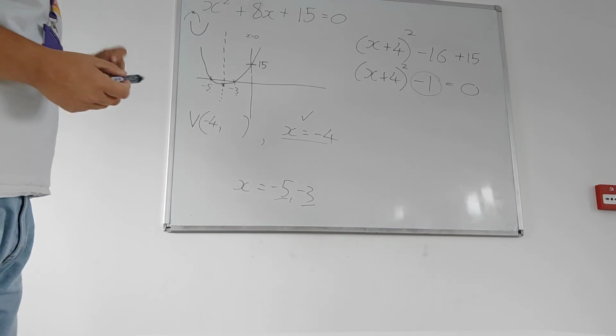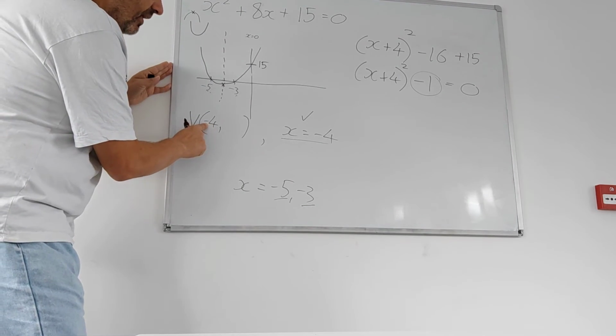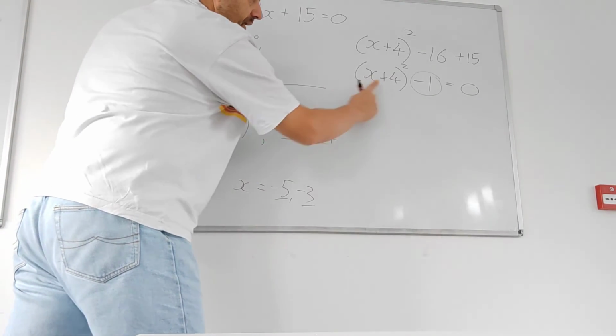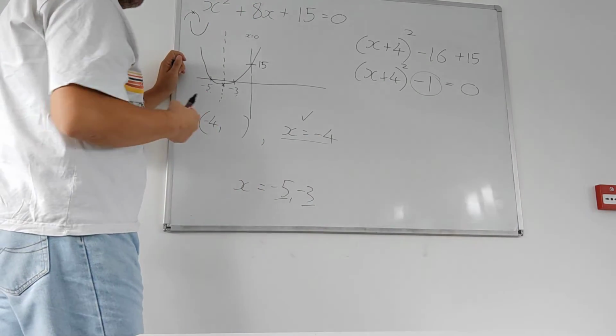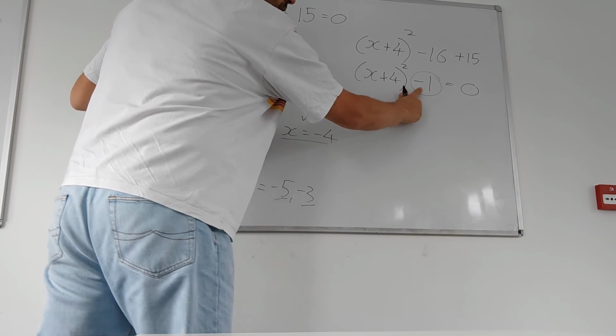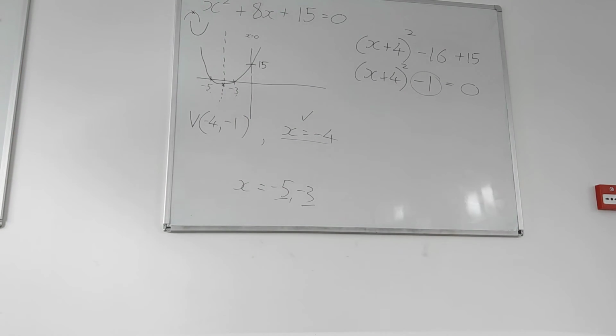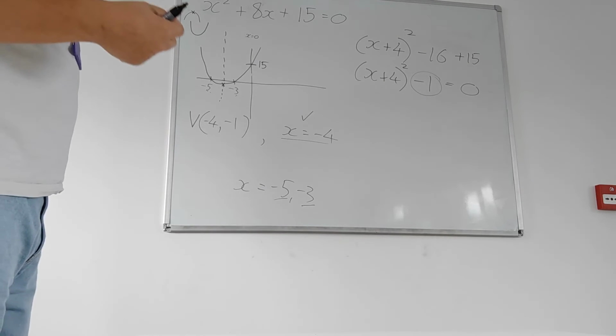It is no coincidence that this -4 is opposite to that. That will always be the case. And it is no coincidence that the number on the end happens to be the y coordinate of the vertex. So that's how they all fit together.